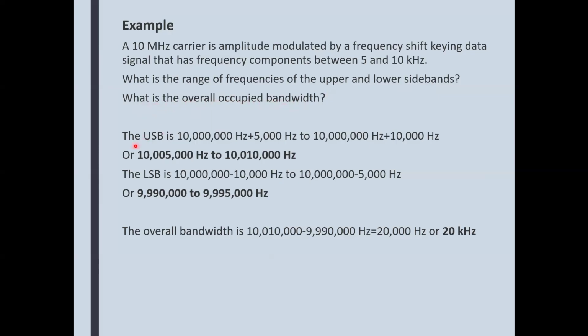The upper sideband, USB, in this case, starts at 10 megahertz, 10 and 6 zeros, plus the 5 kilohertz, so the carrier plus 5 kilohertz.